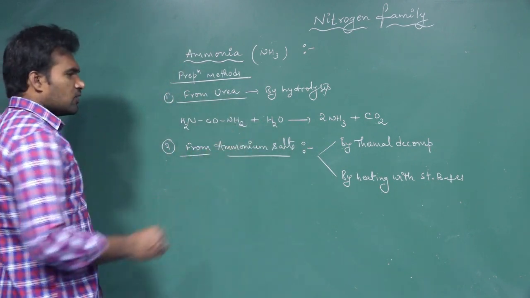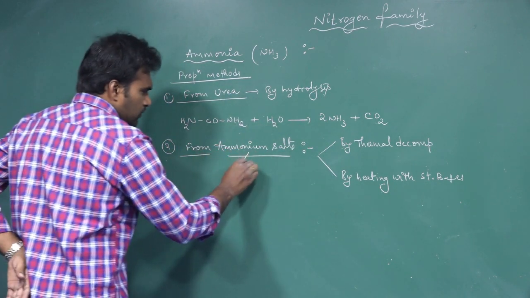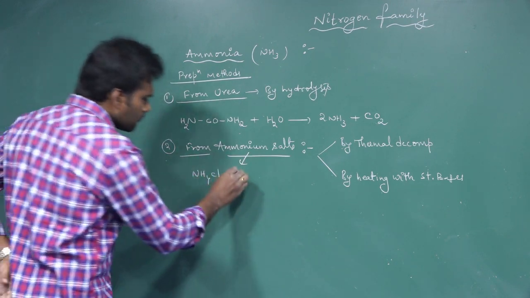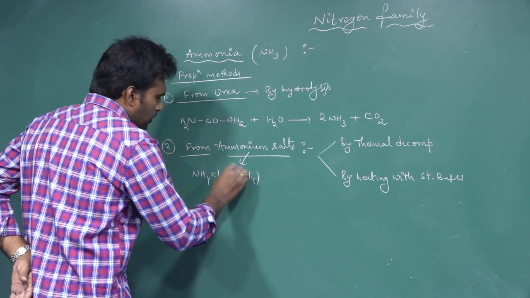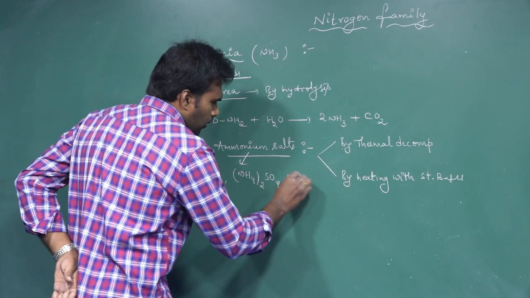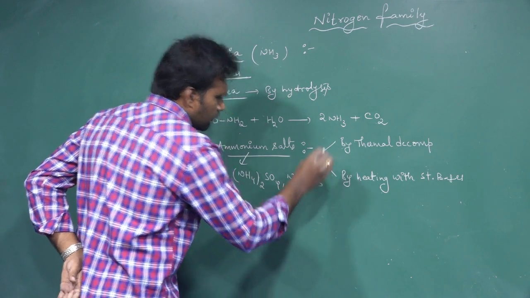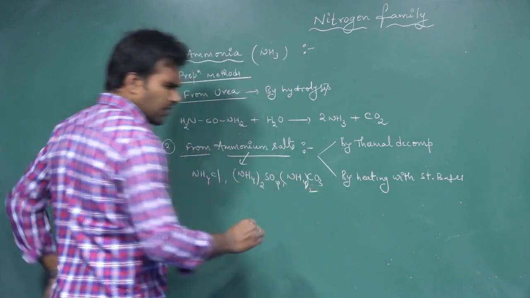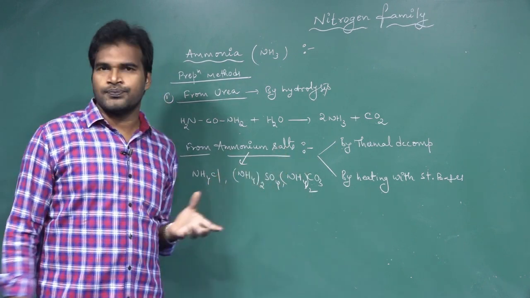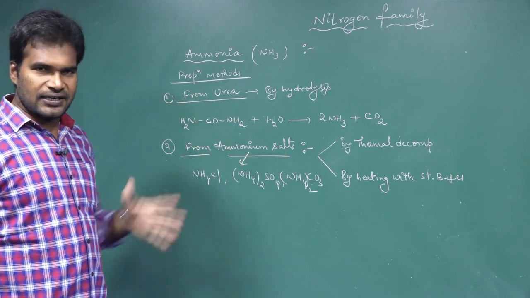See, ammonium salts. What are the examples for ammonium salts? We can take NH4Cl, or ammonium sulfate, or ammonium carbonate. Likewise, there are so many examples for the ammonium salts. You can take any one. Now I am taking NH4Cl here.